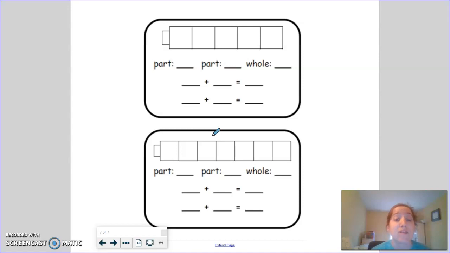And you're going to make some cubes one color and the rest of the cubes another. Then you have to fill out your part, whole, which makes your addition sentences. What plus what equals the answer. So you're going to try it with this first. And if you really want to challenge yourself, you can try the part, whole with an even bigger number down here. So ask a parent.